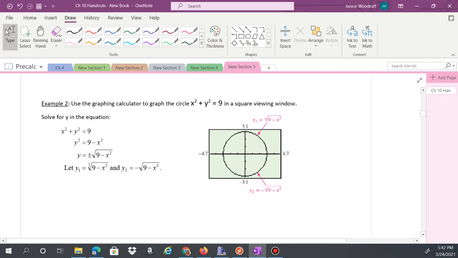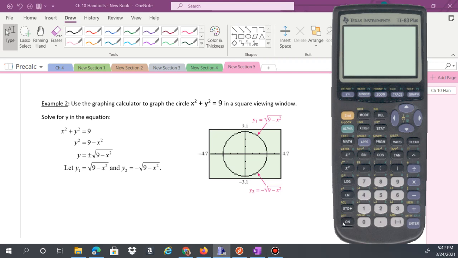It's plus or minus in here. So if I went to graph this and I forgot to do the plus or minus, and I just did square root of 9 minus x squared, then I'm only going to get a half circle. Okay, so that's why you have to remember both. So then go down here and do negative square root 9 minus x squared. And then that'll give you the other side of the circle.